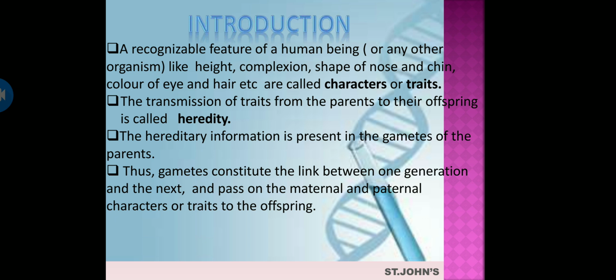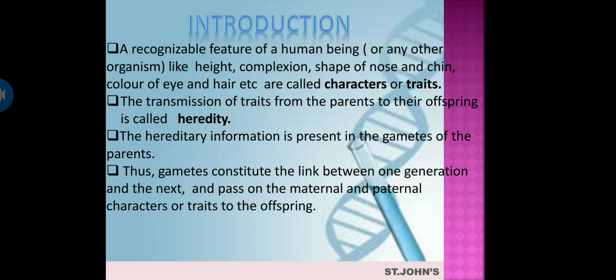And that is a major concept involved in this chapter. So you have learned what is a trait and what is heredity, and a few more important terms, like I told you already, DNA, deoxyribonucleic acid. Here particularly you have one more term called gene. A gene is a basic unit of heredity and is a segment of DNA.